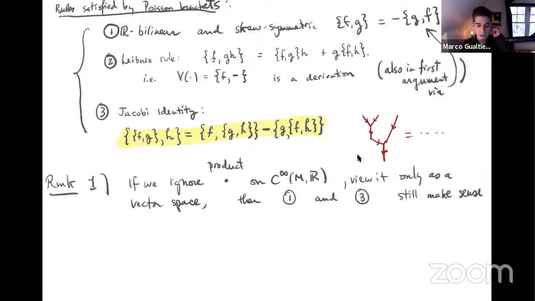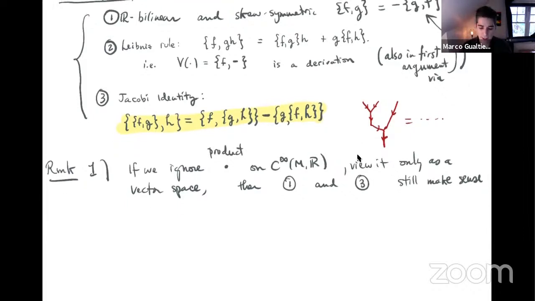Property 1 and 3 say that we have this vector space and we have a bilinear product. So we have a skew symmetric operation, which takes two vectors and outputs a third. And that operation satisfies the Jacobi identity.